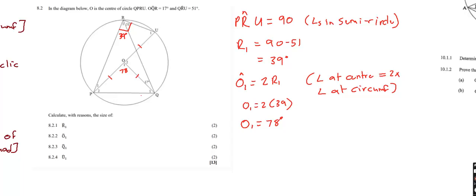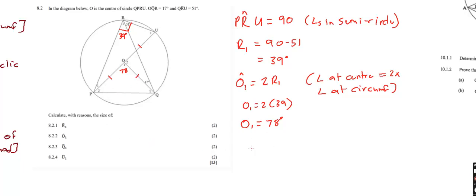Sorry about that. So it means P2 is going to be equal to Q1. So we can decide to call either one by the other. So instead of saying P2, we can call both of them Q1.